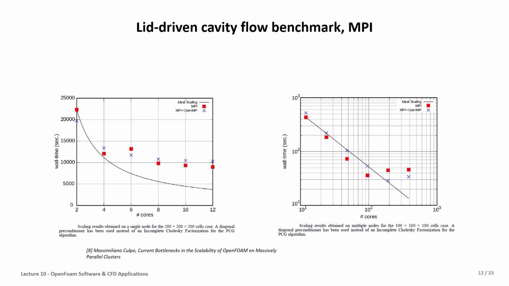In fact, the ideal scaling is also getting a linear behavior, and the MPI is getting similar. However, from a specific number of cores, they get different results.